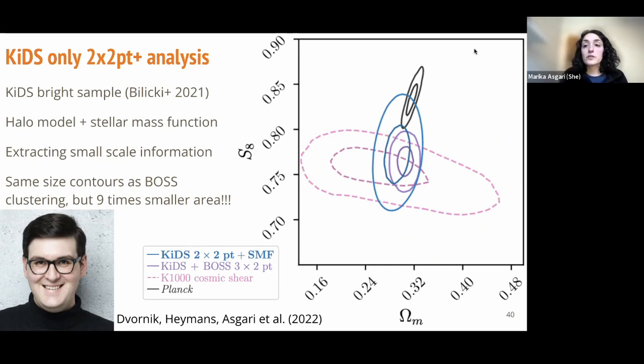So I think this was one of the biggest things about this paper that we found. And this is not combined with cosmic shear currently, so you can imagine how it would look once you combine it with cosmic shear. Of course, there is cross-covariance between the terms, and you have to take that into account.